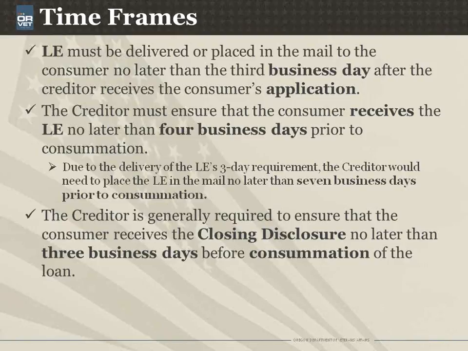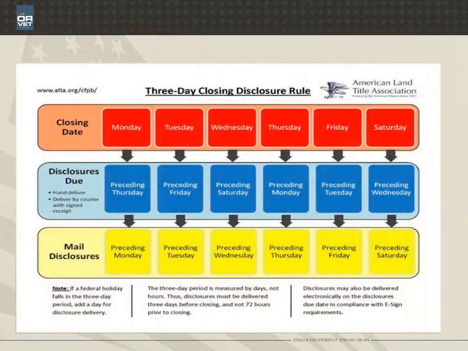Obviously the biggest impact that we will see is that we no longer are going to be able to get a file on a Monday and expect to close by Friday. I found this chart out on the ALTA website that talks about the 3-day closing disclosure rule.